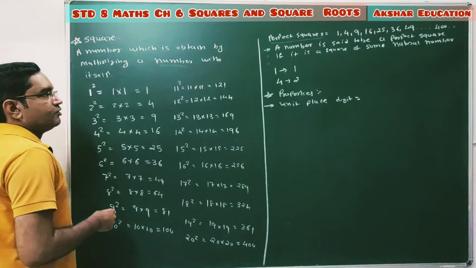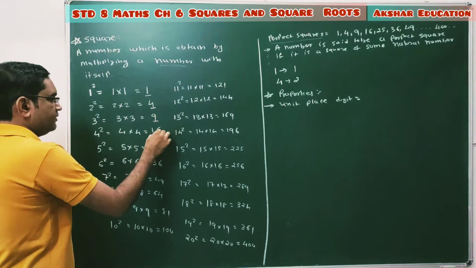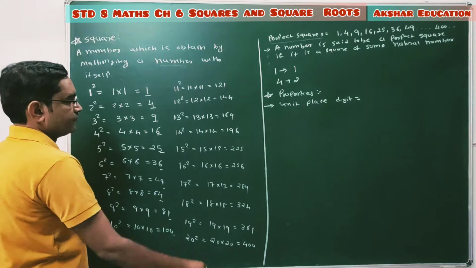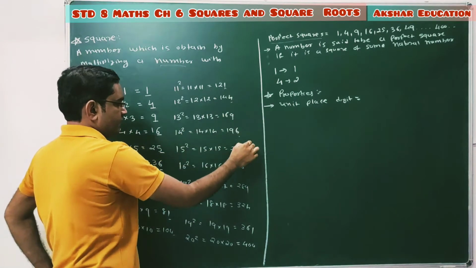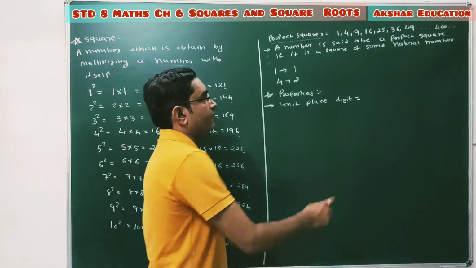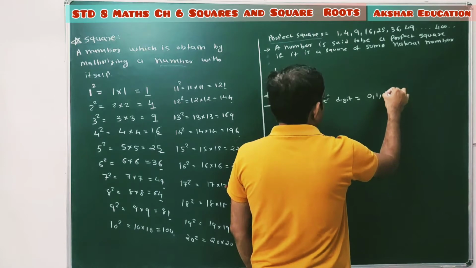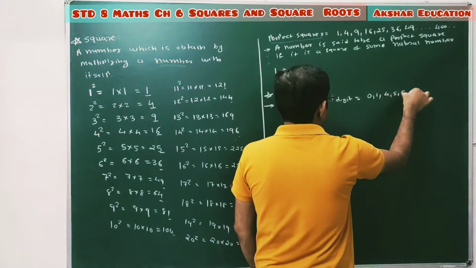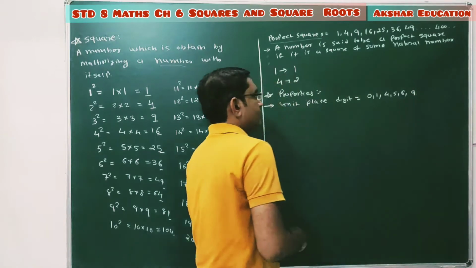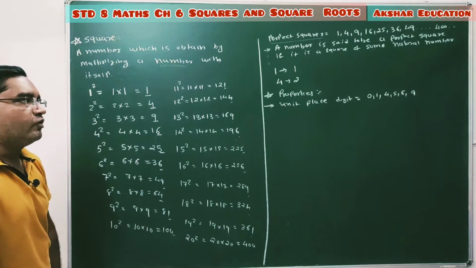So unit place digit of this perfect square number are always 1, 4, 9, 6, 5, 6, 9, 4, 1, 0. So unit place digit of this perfect square number are always 0, 1, 4, 5, 6 and 9.